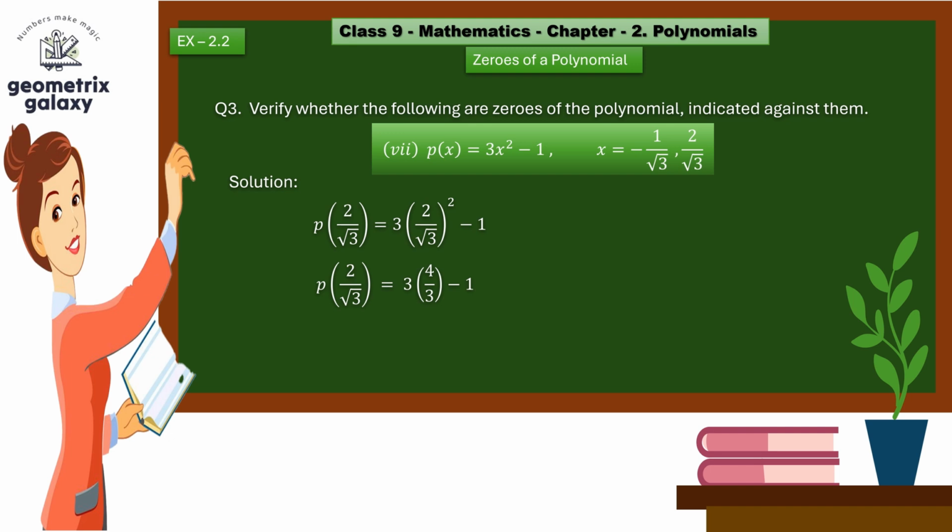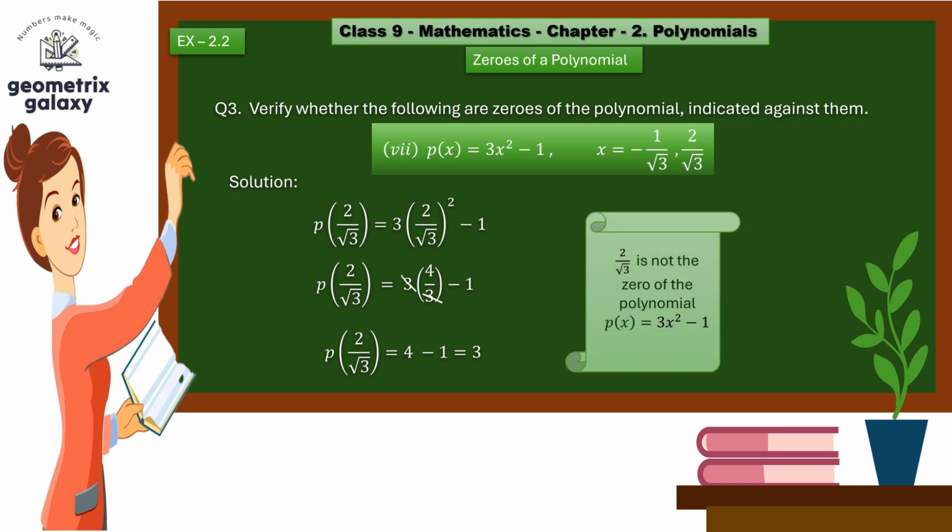Now again 3 in the numerator and denominator will get cancelled. Now we are left out with 4 minus 1, which is equal to 3. Here we can see that p of 2 by root 3 is not equal to 0. Therefore 2 by root 3 is not the zero of the polynomial p of x is equal to 3x square minus 1.